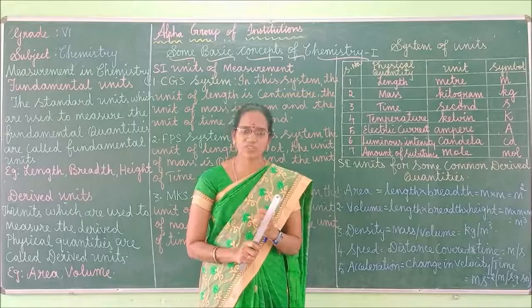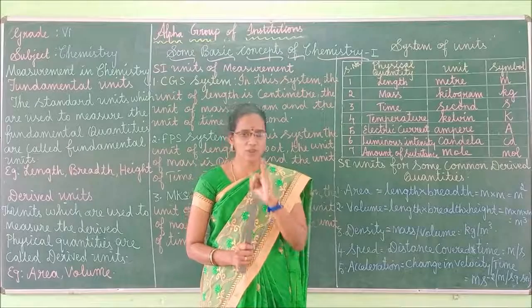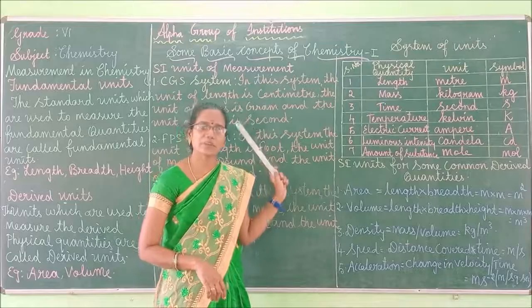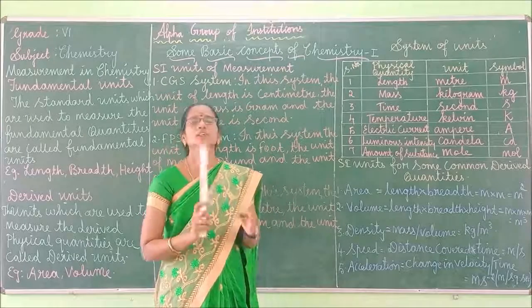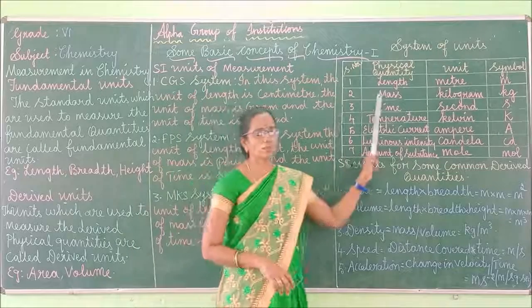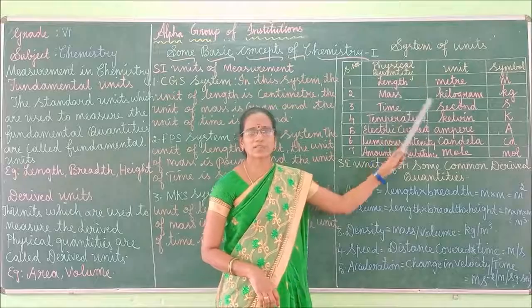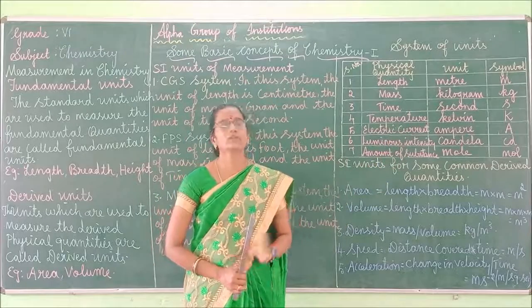One is what is meant by mixture, followed by homogeneous mixture and heterogeneous mixture, first one. Second one is what is meant by CGS system, FPS system, MKS system. You should abbreviate all these. Third one is the fundamental units. Okay, that is physical quantity, units as well as symbol. This chapter column. These three questions you have to complete, children.